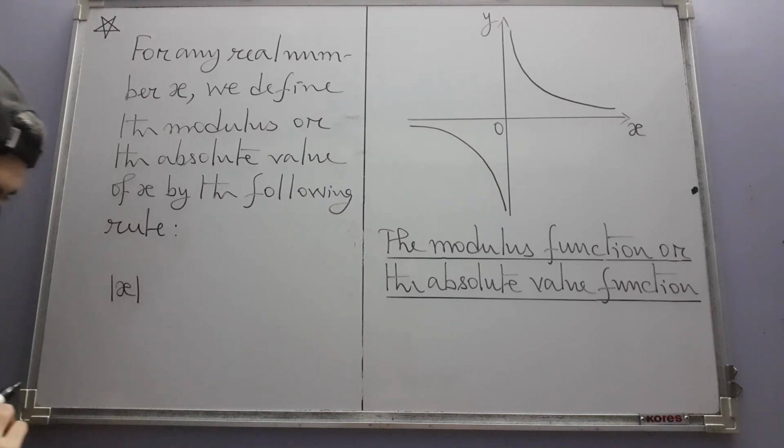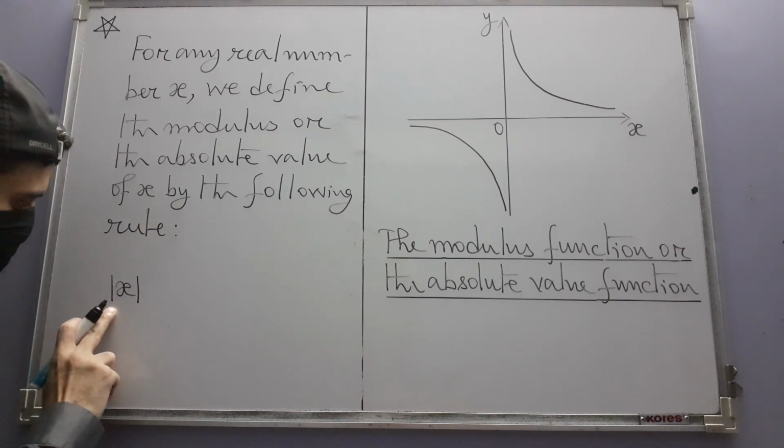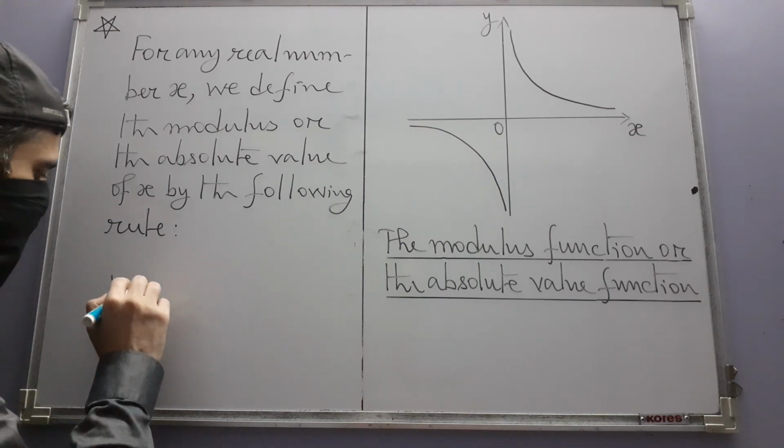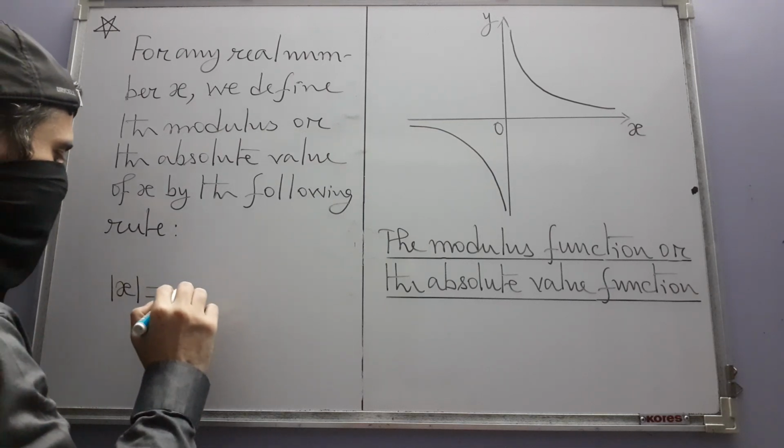The modulus of x or the absolute value of x is denoted by this symbol. Enclose x within two vertical bars. And the definition of it is this.